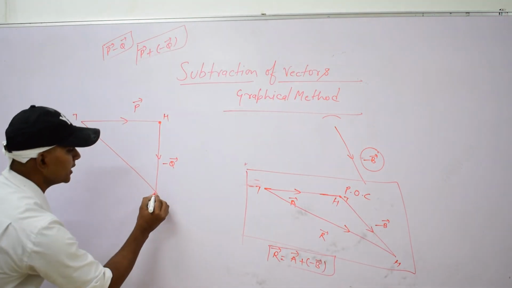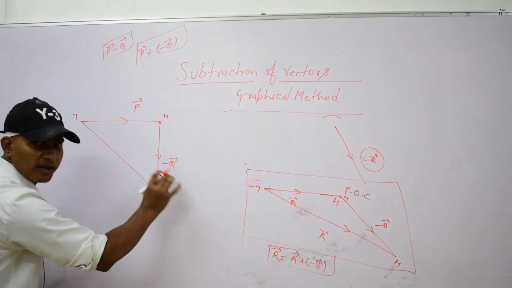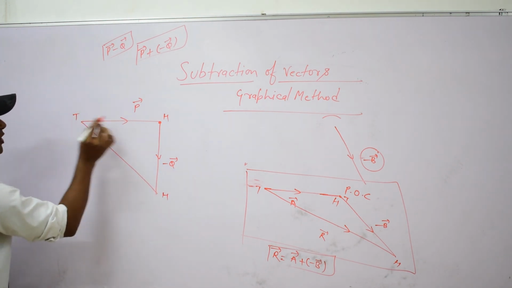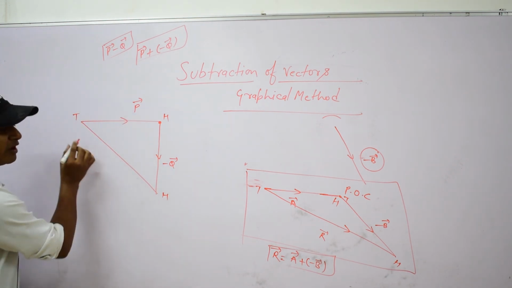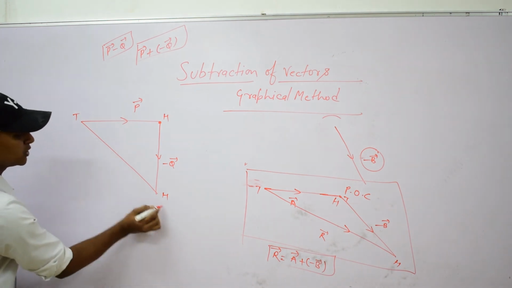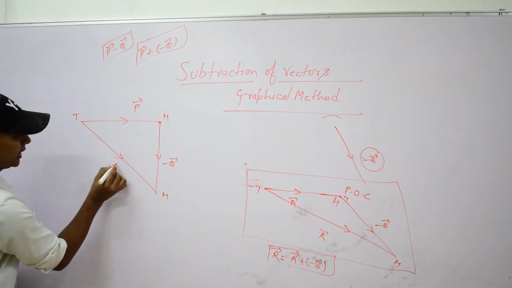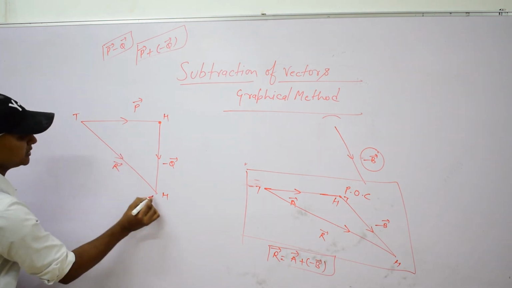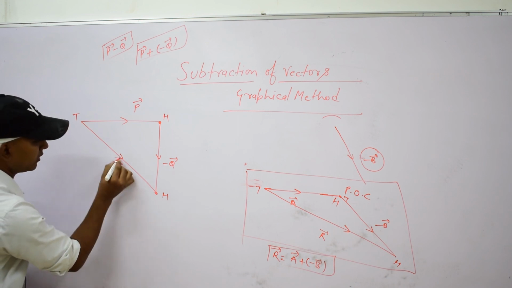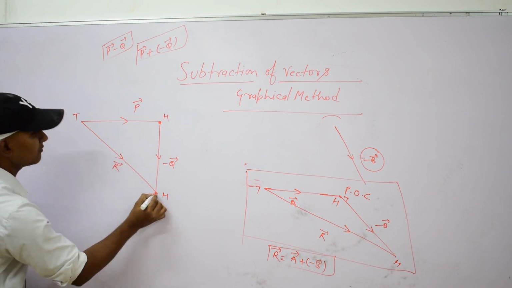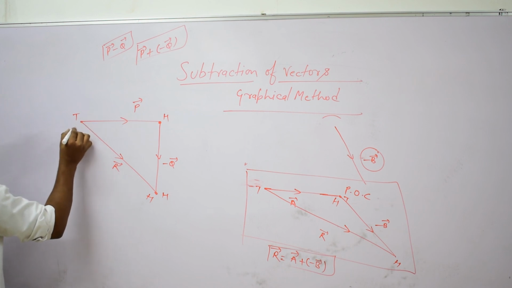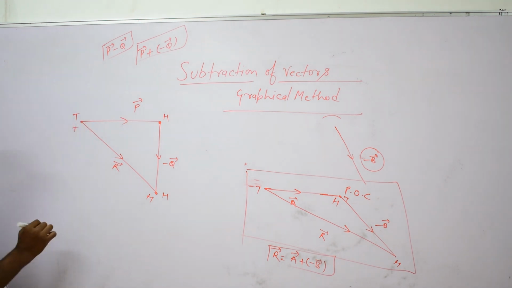What you are getting here is this is the head point of this minus Q vector and this is the tail point of this vector P. So where will the direction of the resultant be? Towards the head. Towards the head means at this particular point the head of the resultant and the head of one vector will be added, and at this particular point the tail of the resultant and the tail of the other vector will be added.